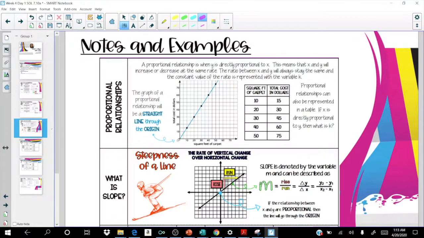If you have points on a graph and you connect them and they do not create a straight line, then that relationship is not proportional. If you do have a straight line but it does not go through the origin, once again, that is not considered to be proportional. So your graph must have a straight line going through the origin. Okay?